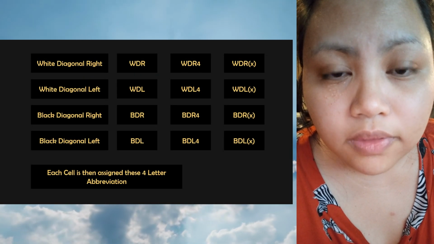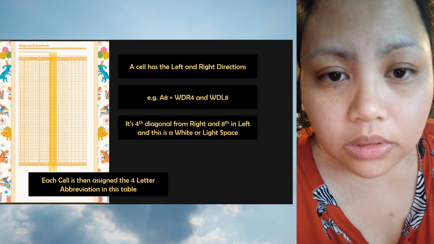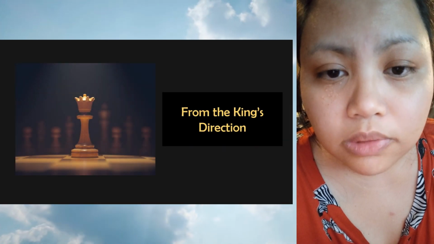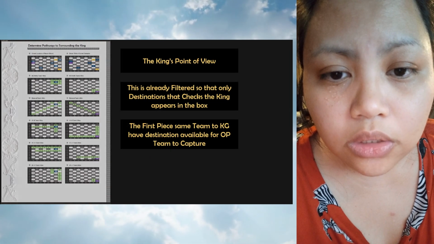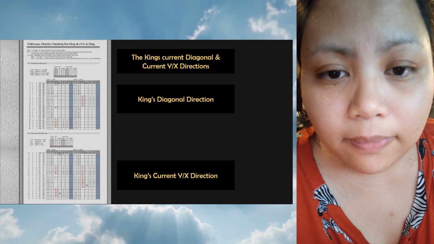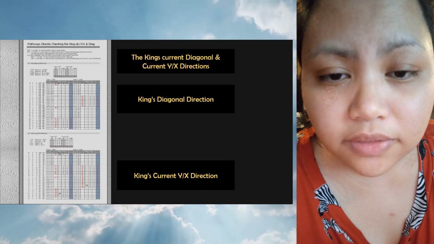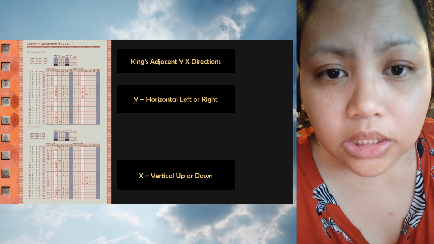And also, if the king is in check, then the same team can block the pathway, or determine who is the checker and then capture that checker, or you can also capture the blocker and things like that. So it relates to the king, so that will have a different direction naming.